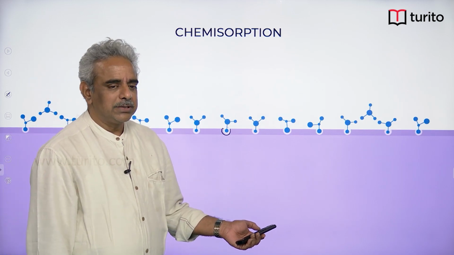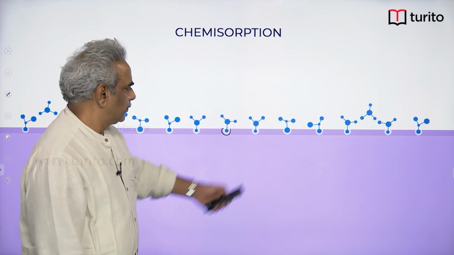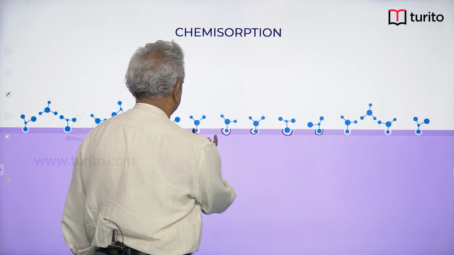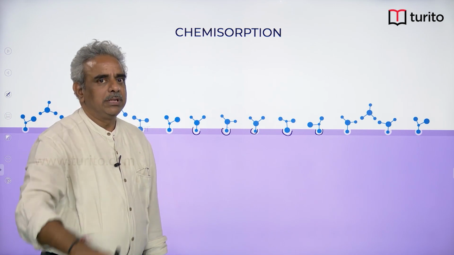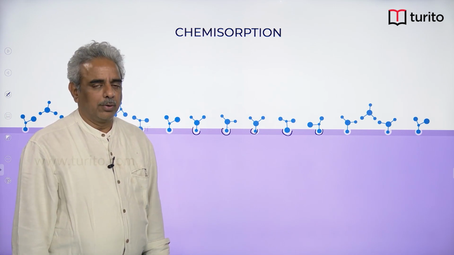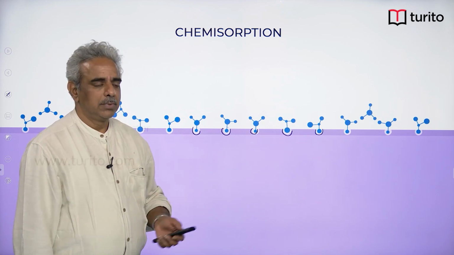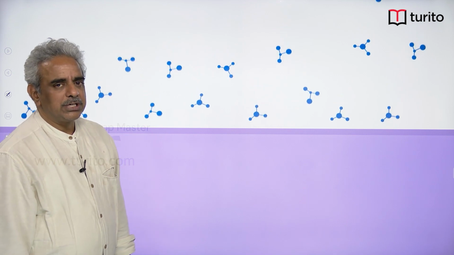In the previous case, see there is a bond. Everywhere you can see a bond. The molecule has formed a bond with the surface molecules in chemisorption, that is why it is single layered. Here there is no bond, just van der Waals attraction.